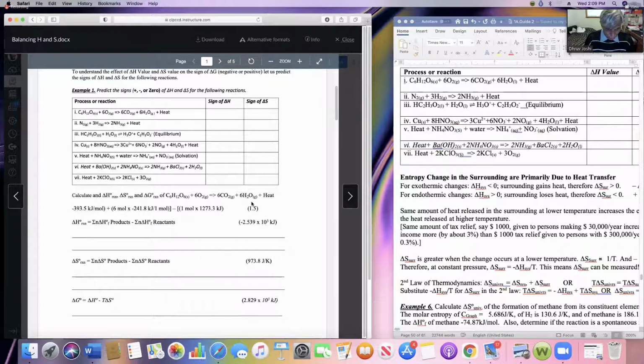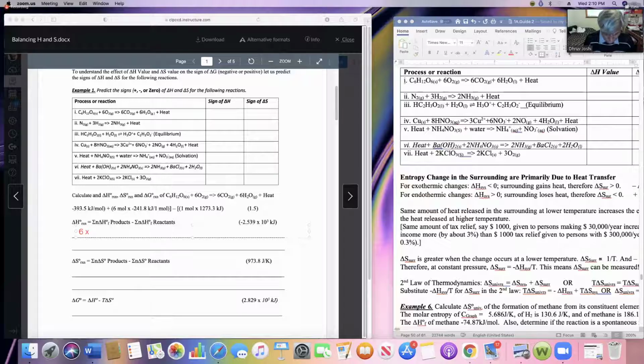And we have the heat of formation of 6 mole of carbon dioxide. This here is the heat of formation of carbon dioxide. So we're going to multiply that by 6. In this case, if you just multiply by 6, it's okay.